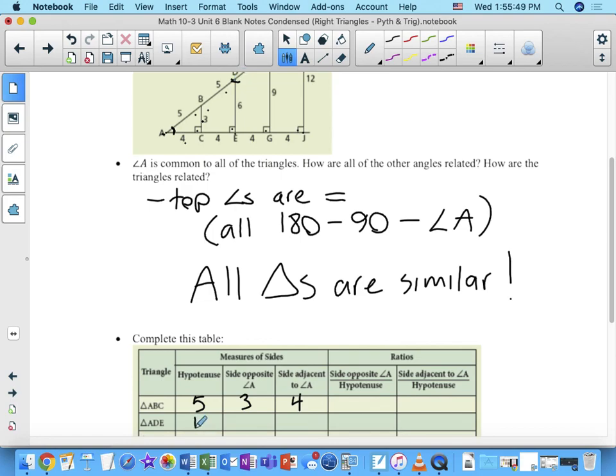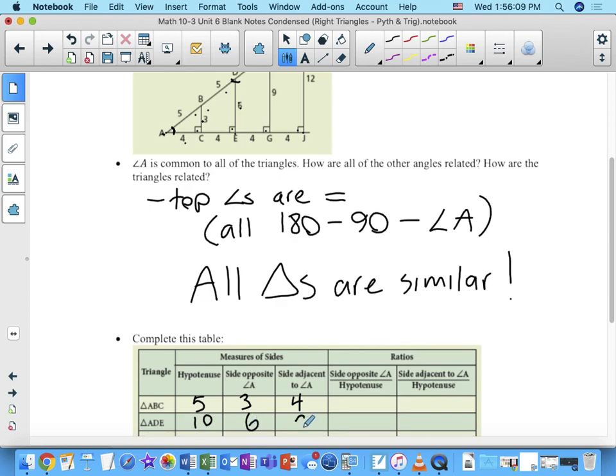So I'm going to put a 10 in there. How long is the side opposite? This one? 6, right? It's right here. And what about the side adjacent, next to A to E?